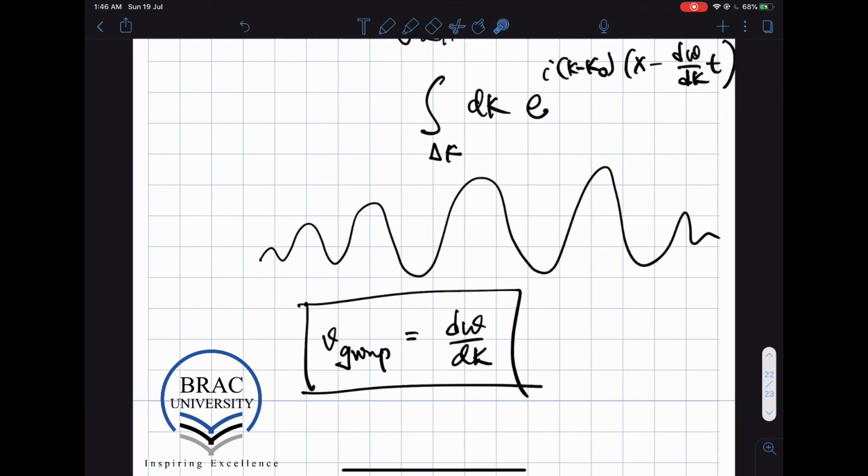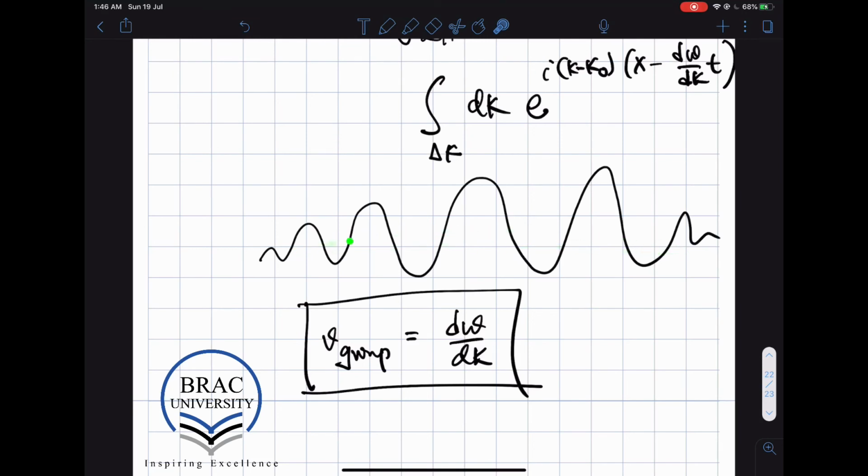There's another interpretation of the group velocity, and this is a bit subtle. Consider this wave psi of x and t, made out of many plane waves which have different values of k. Outside this wave packet, all these different phases are randomly distributed, and therefore when we sum them over, they give 0 due to destructive interference.